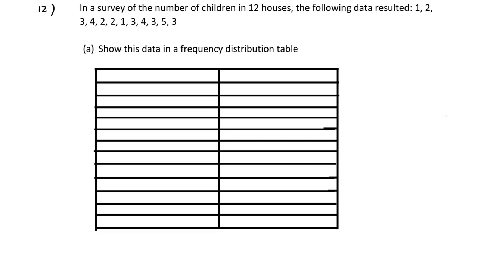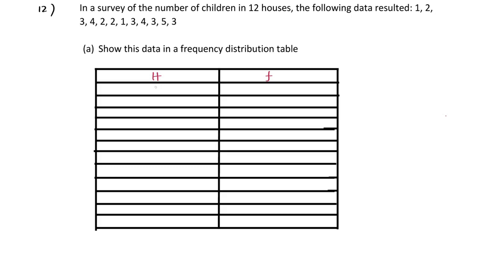So we are going to sketch our frequency distribution table, which is going to have 2 columns, the house and their corresponding frequencies. So here we are going to have a house, and here we are going to have their frequencies, which will be represented by the number of children in each house. So we have 12 houses, so we are going to start listing them.